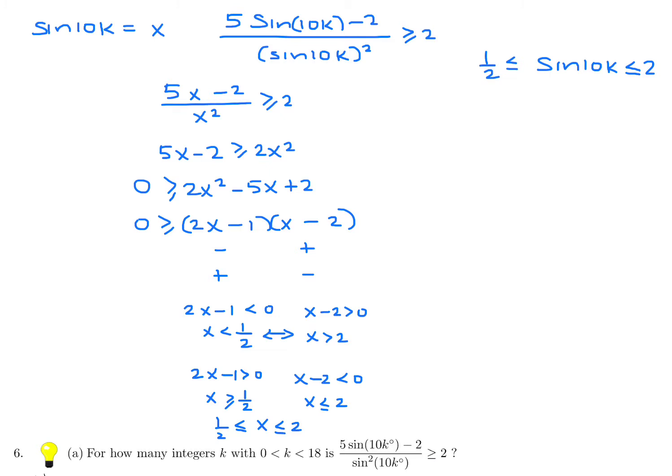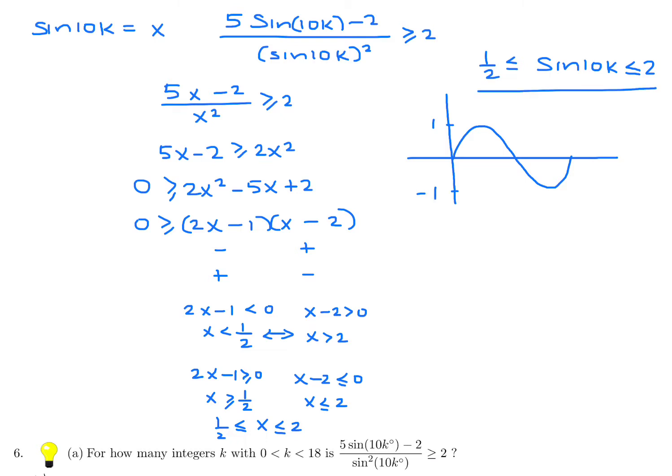Actually, it's greater than or equal to a half and less than or equal to 2, because this is a greater than or equal to sign. Okay, well, anybody can graph this pretty quickly. Just the basic sine graph, you know that one, right? And you know that it only goes between 1 and -1.